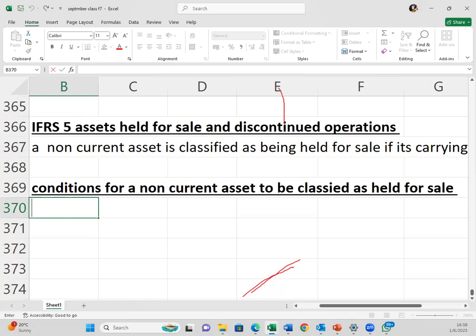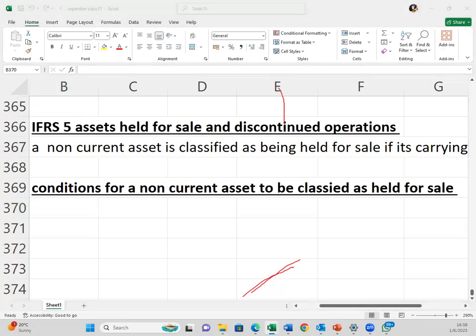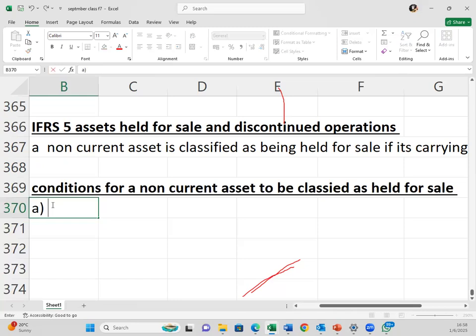For us to classify the non-current asset as being held for sale, the first condition is we must be planning to sell this asset in a period of less than a year. So we're saying in less than 12 months, the sale should have taken place. Yes, we have this asset, you're using it in the business, but we're expecting that in a period of less than a year, we will have disposed of this asset.